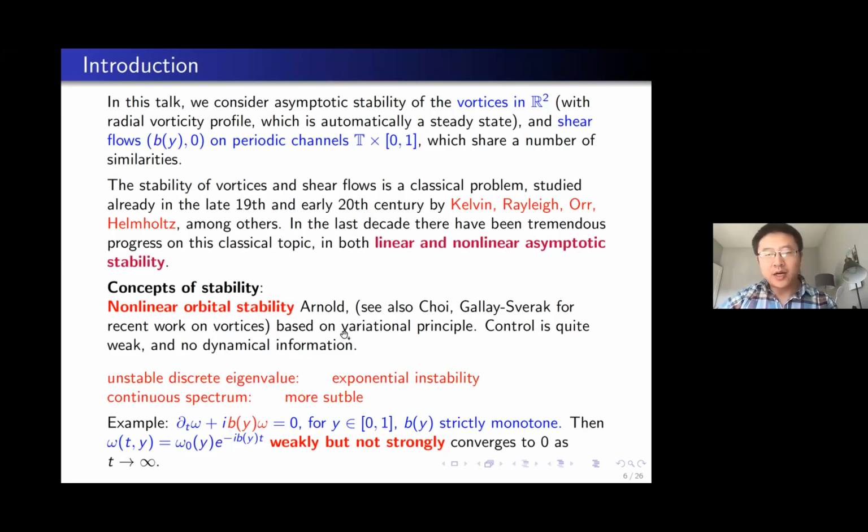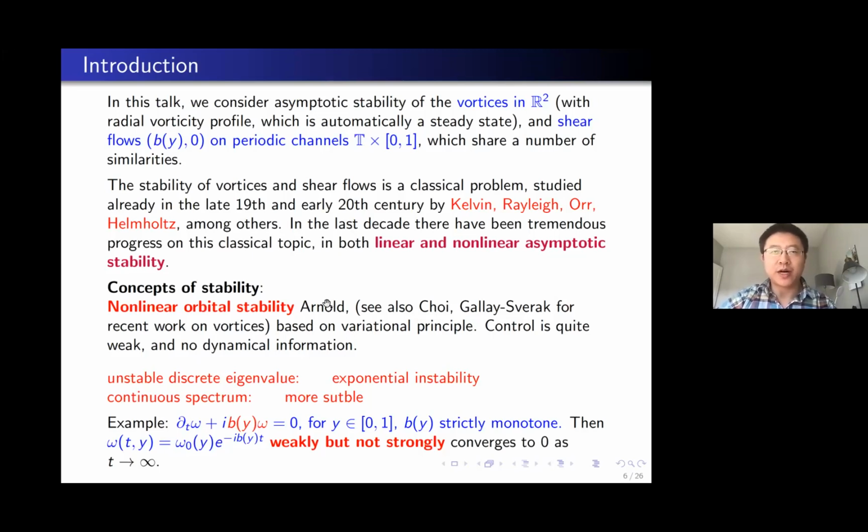The main thing about orbital stability is that the control is quite weak. Because it is based on some fixed monotone quantities, you get control in some sort of L2 space.